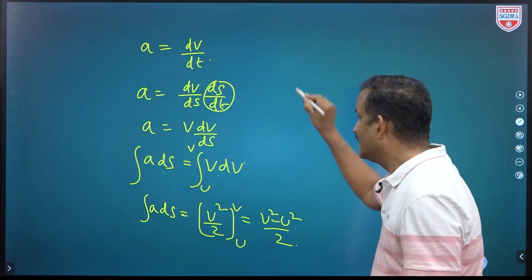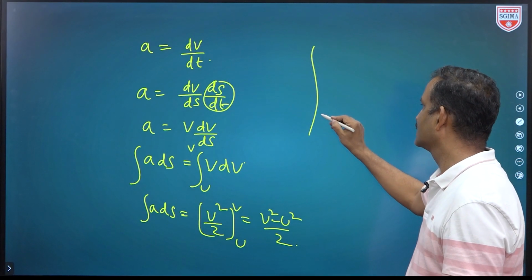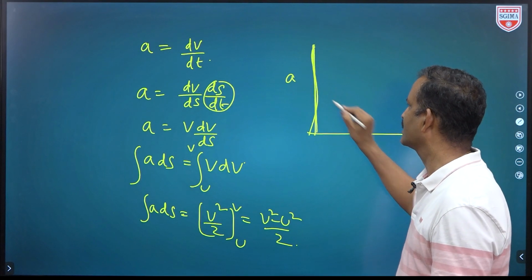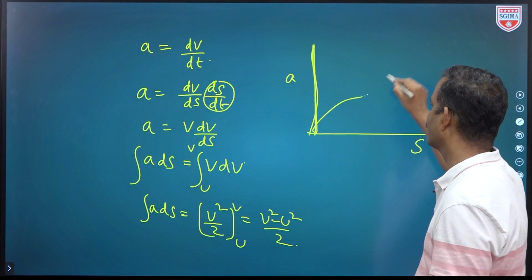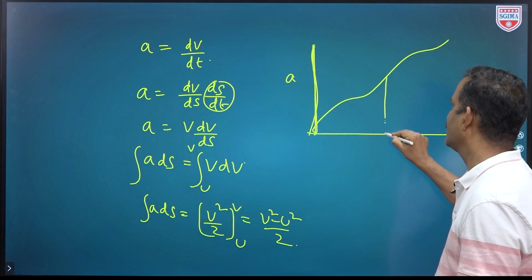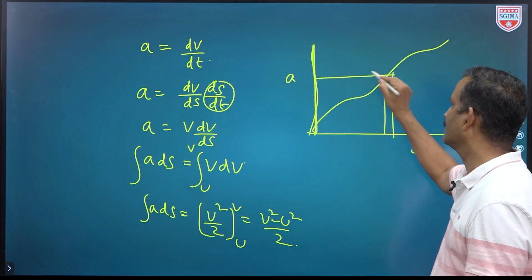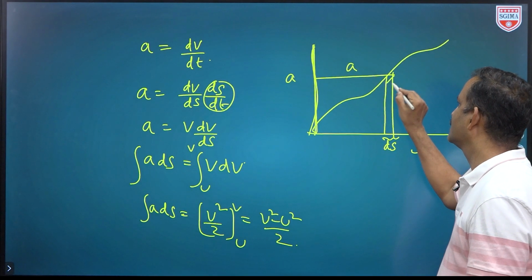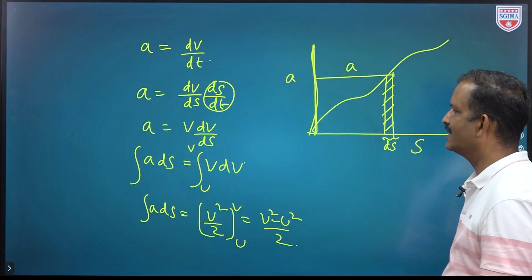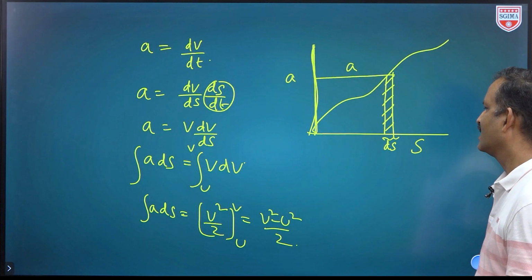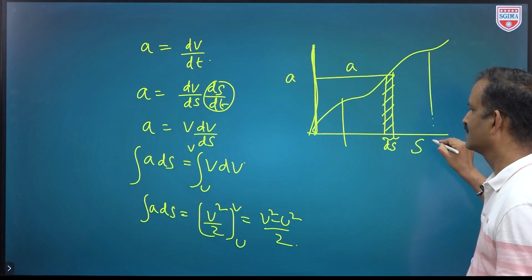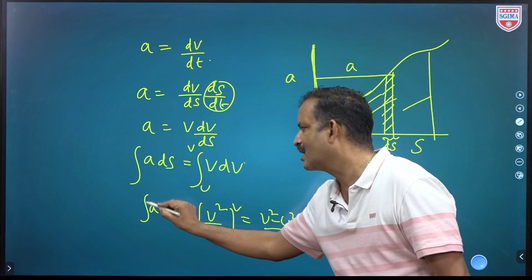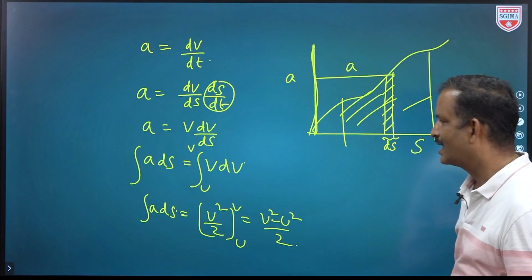So a ds means, suppose you draw the acceleration-displacement graph, that graph comes in this way. This is a, this is ds, this area. Integration of a ds gives the total area.